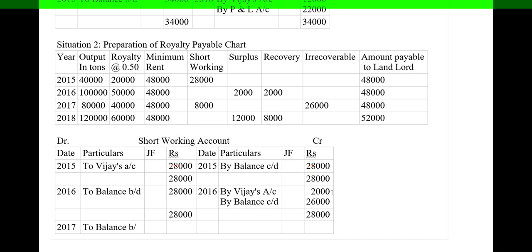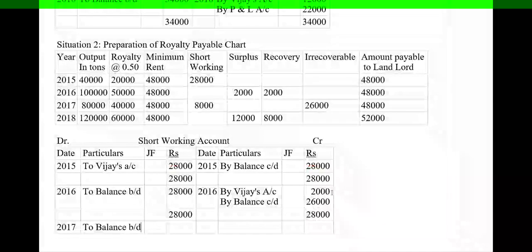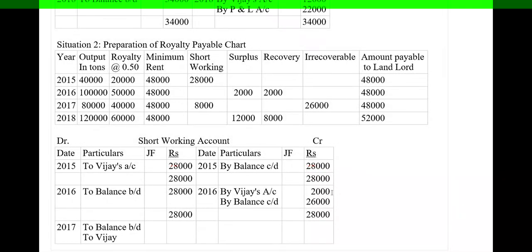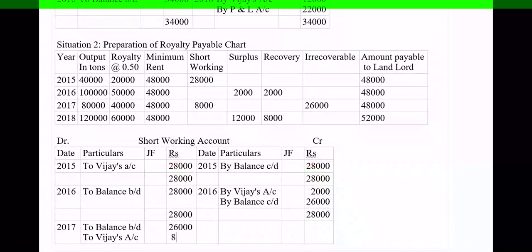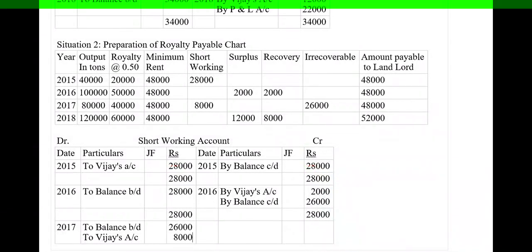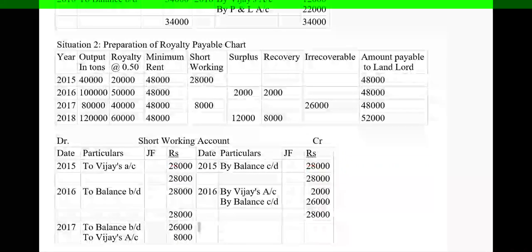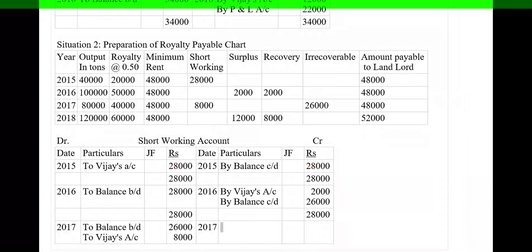Now let us see in the third year, again there is a short working of rupees 8,000 here. So here to Vijay's account, let me write down the balance brought down amount here, that is 26,000. So here in 2017 there is a short working of rupees 8,000. Now in the third year there is a year recovery of rupees 26,000. So at the end of 2017, when there is year recovery, it is transferred by P&L account here.